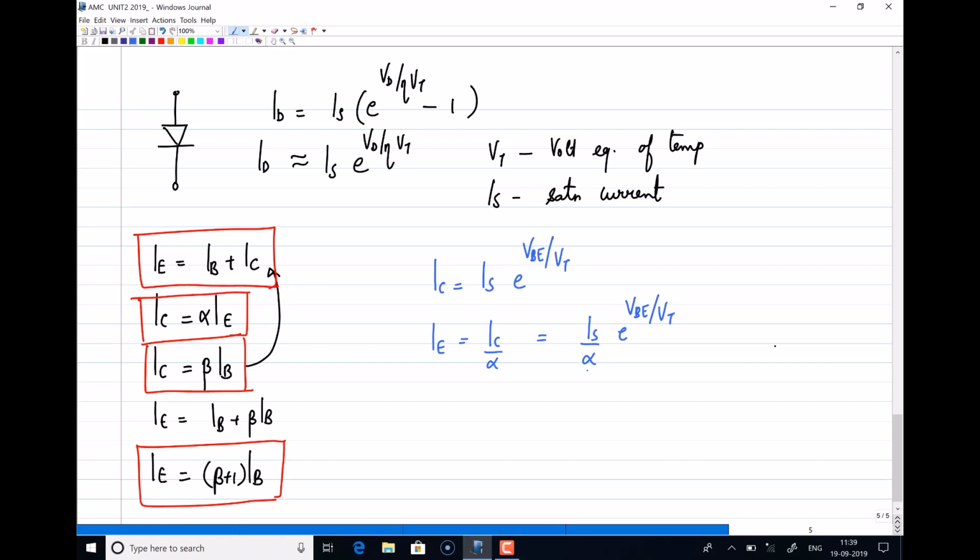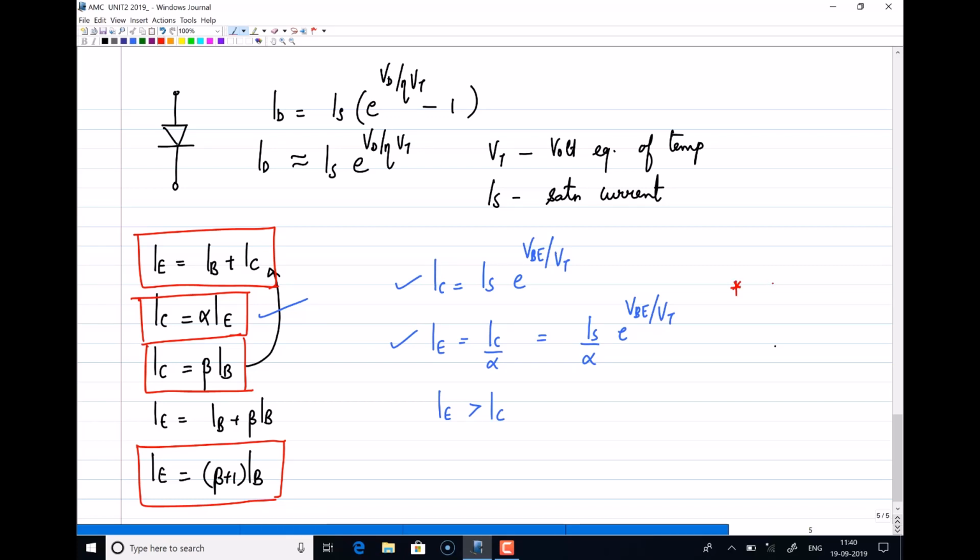Alpha is a quantity which is lesser than 1, so IE will be slightly more than IC, right? That is obvious from these two relations. At certain times, if I approximate alpha equal to 1, IE is equal to IC. Again, that is obvious from this relation, right? So these things are very important.